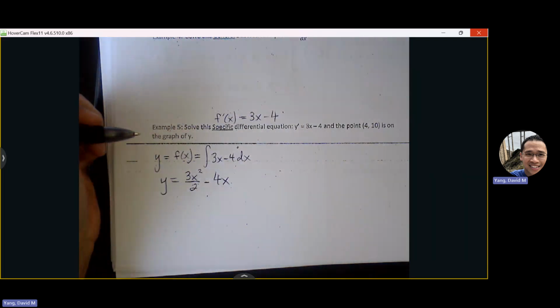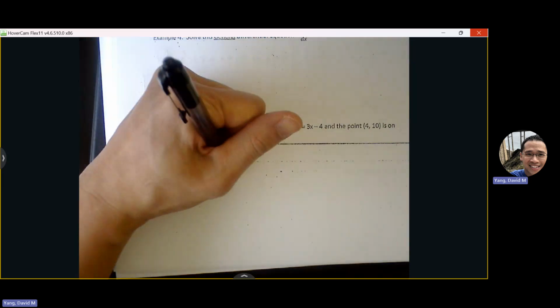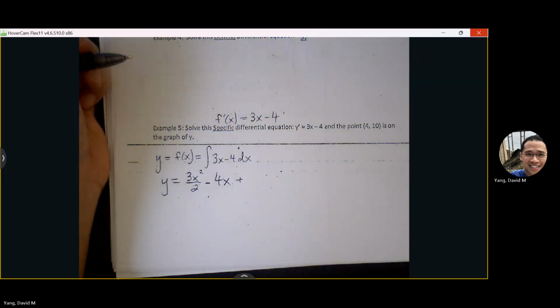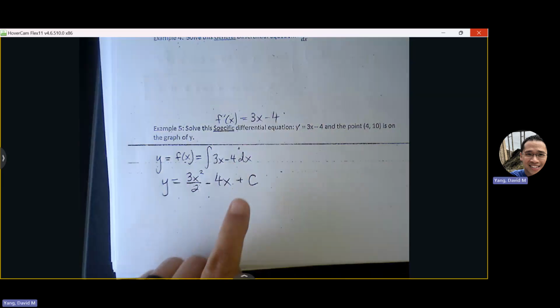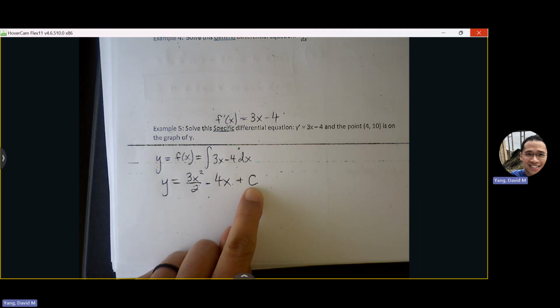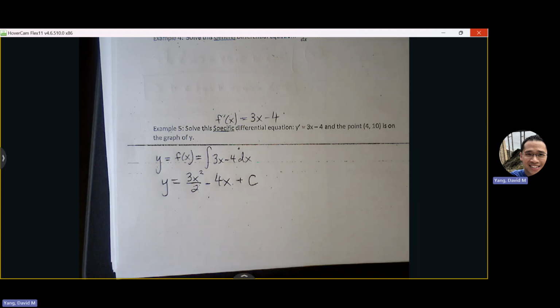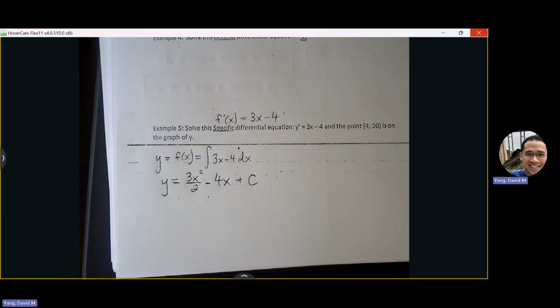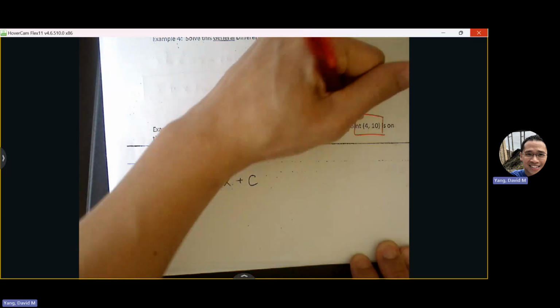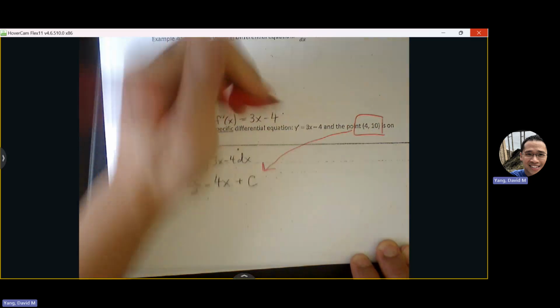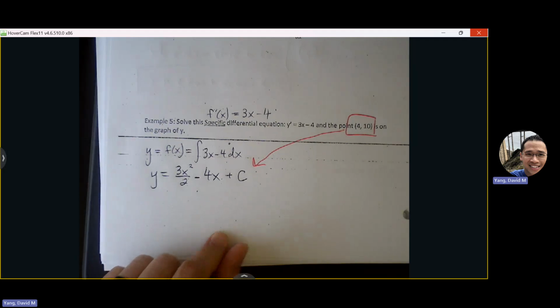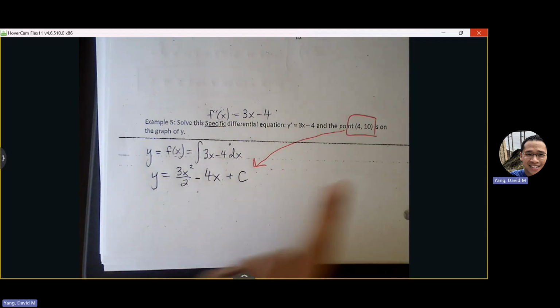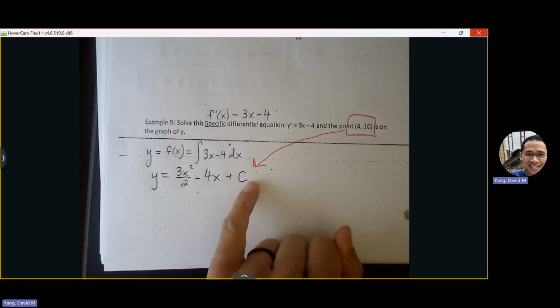But each time we take the full antiderivative, we also need to include a plus what? Plus c. Okay. So this tells us that there is an infinite family of functions that all share the same derivative, but we now have an ordered pair that's going to help lock down a specific solution. So we're going to use the ordered pair here to help us solve for c.